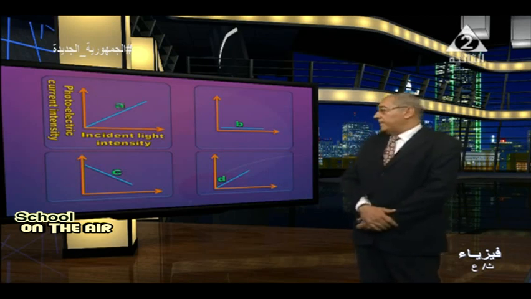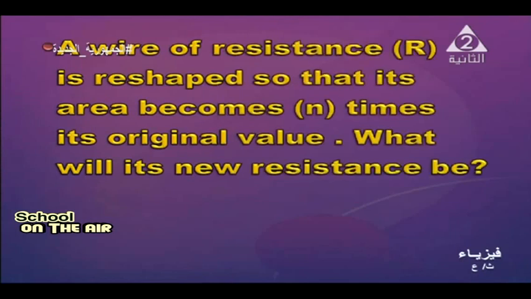Another choice. A wire of resistance R is reshaped so that its area becomes N times its original value. What will its new resistance be? By the way, when reshaping a wire, we've got two factors affecting the resistance of the wire: length and area.